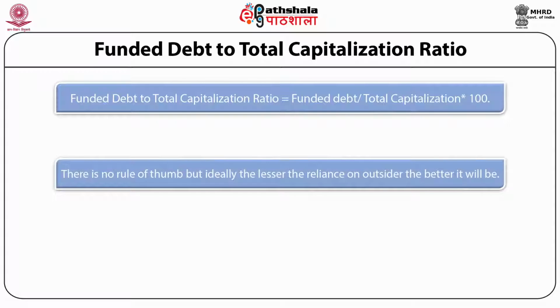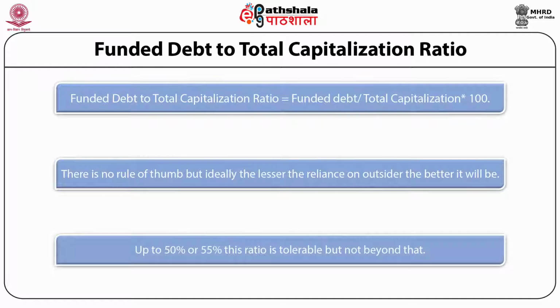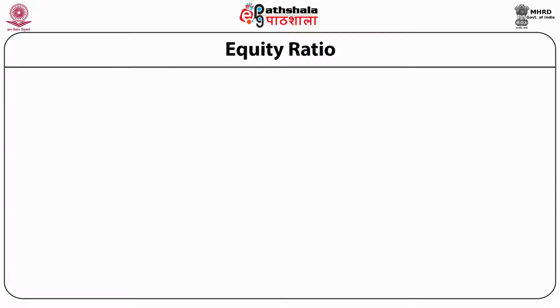There is no rule of thumb, but ideally the lesser the reliance on outsiders, the better it will be. Up to 50% or 55%, this ratio is tolerable, but beyond that, it may create problems to the business. Next ratio is equity ratio.